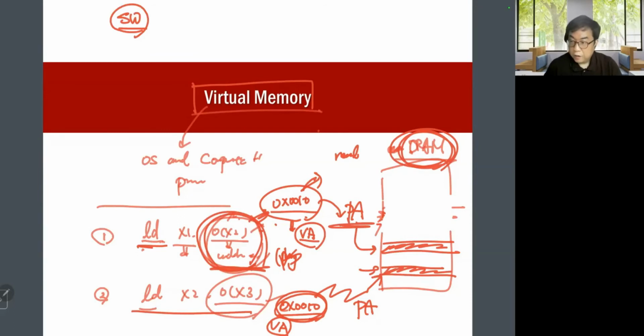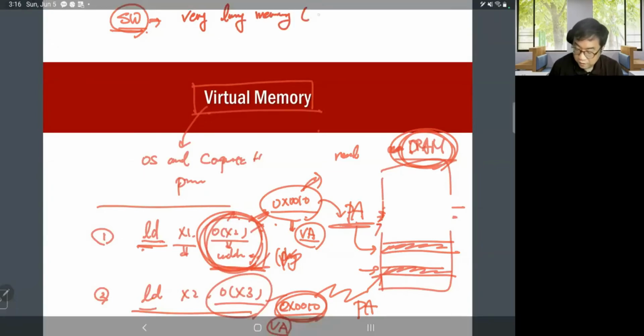I said that operating systems and computer hardware provide another abstraction level to software, and this abstraction level is the virtual memory. So when the software is designed, we assume that this software can access very large memory.